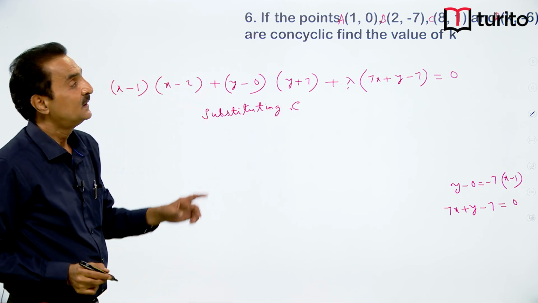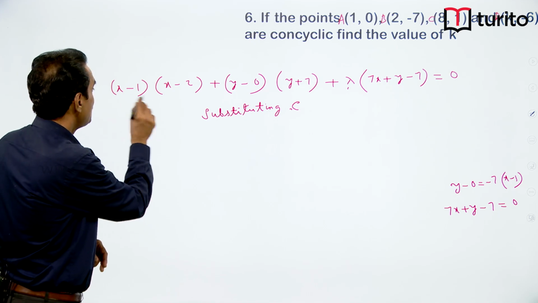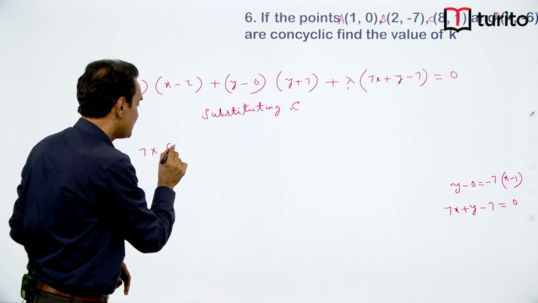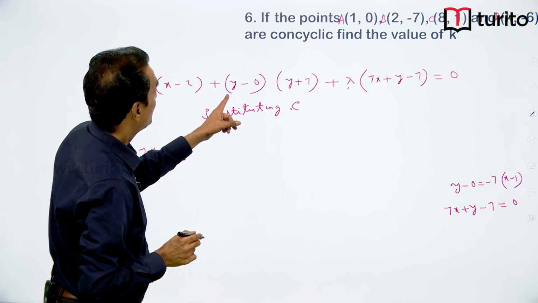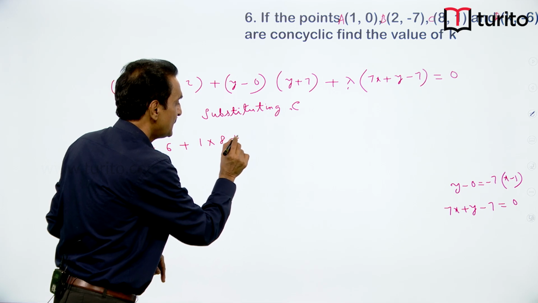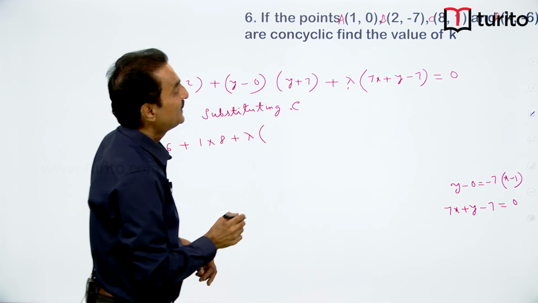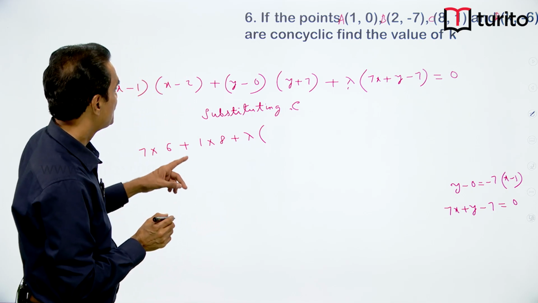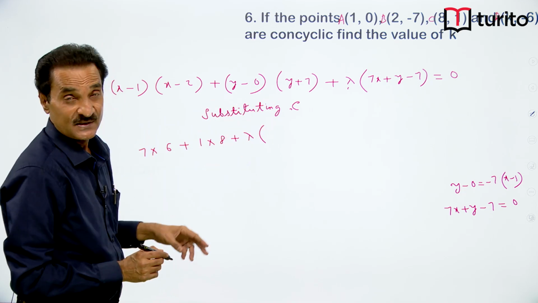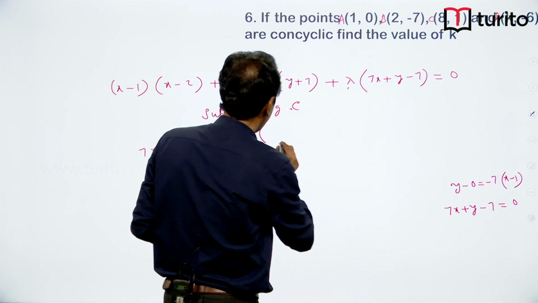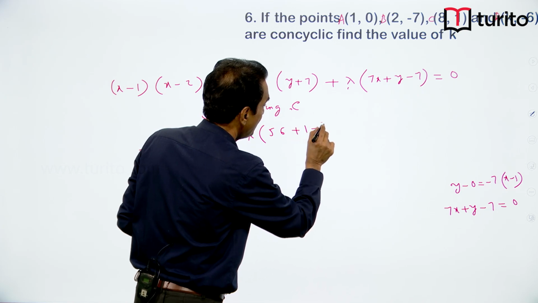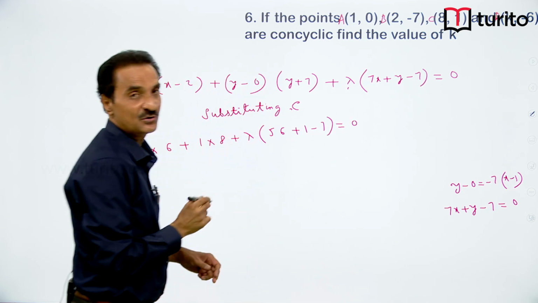Substituting C, 8 comma 1: 8 minus 1, 7 into 6 plus 1 into 8 plus lambda into, I am substituting 8 comma 1, 1 minus 0 into, plus lambda into 56, 7 into 8, 56 plus 1 minus 7 is equal to 0.